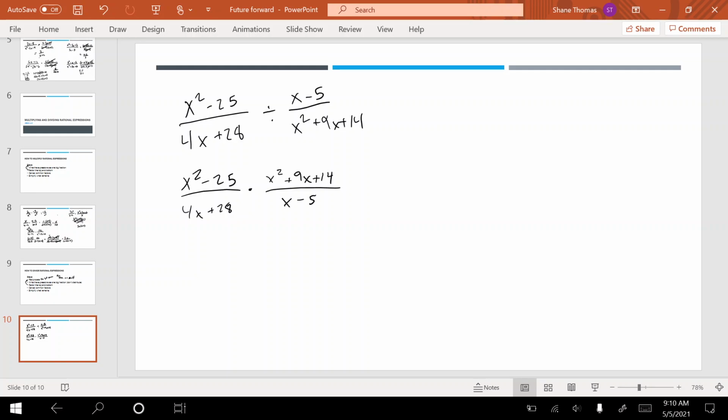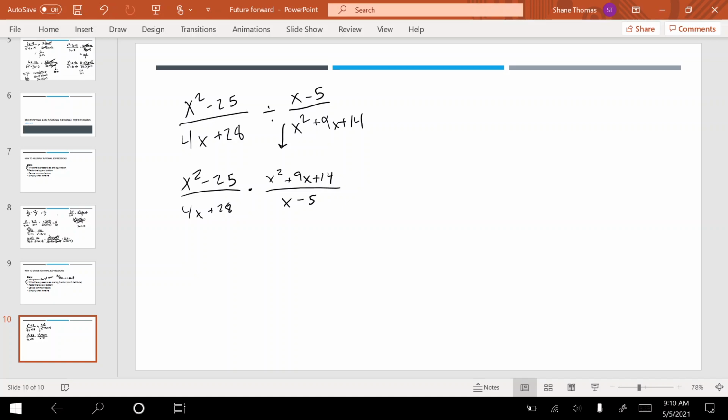Now all I did was take the second one and flip it. Now it's a multiplication problem. There is no subtraction sign. You flip it and write it exactly the same way.